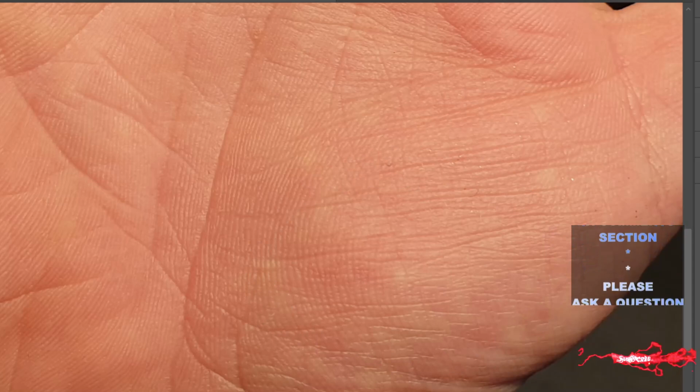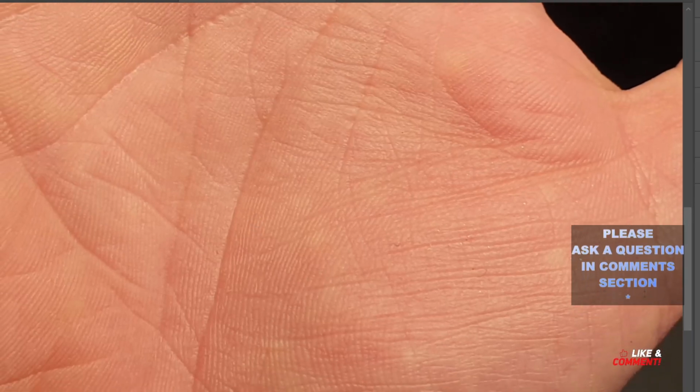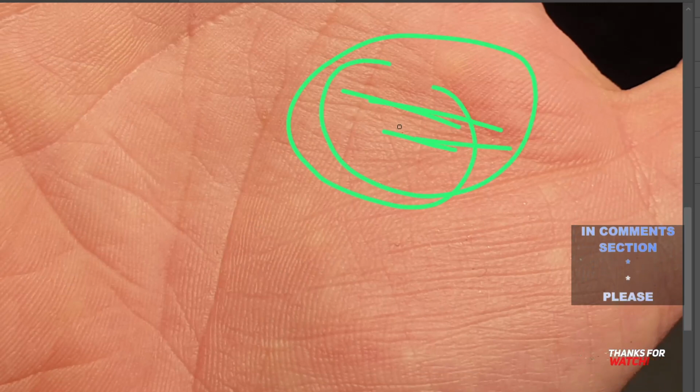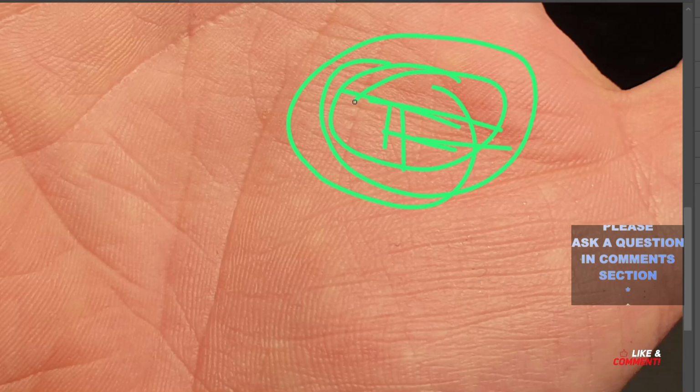And just taking a look at the amount of Venus and the area of Mars. There are a few horizontal lines. What this basically does is that it kind of mismatches our fire.